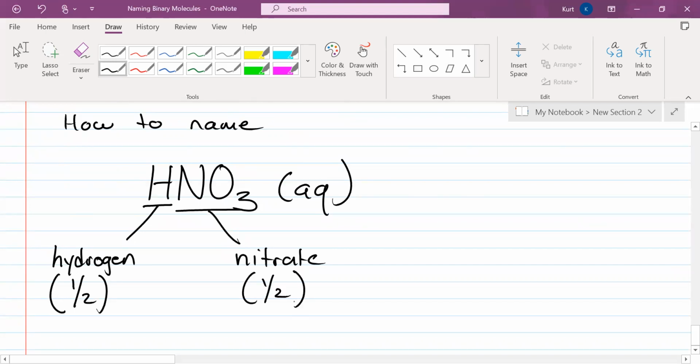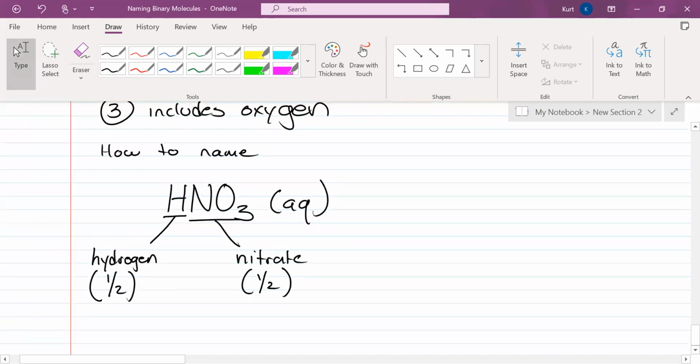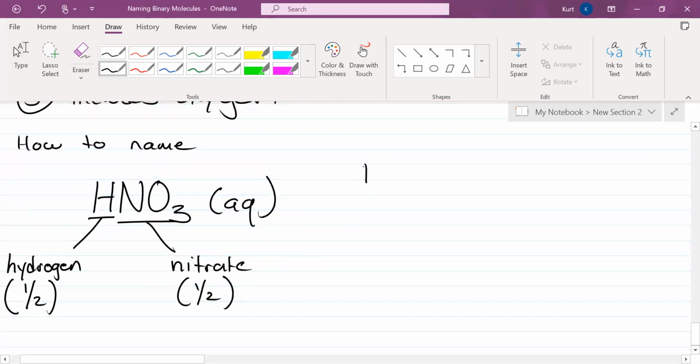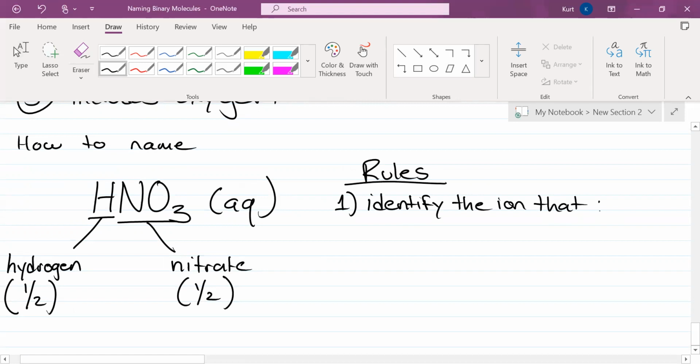So, is there oxygen in this acid? Yes, there is. So we have to go by the oxyacid naming rules. And here are the rules. Number one, identify the ion that contains oxygen.